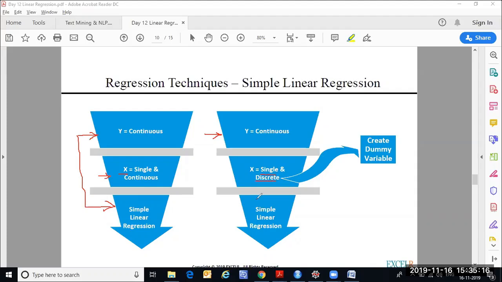What is discrete, friends? 0 or 1, otherwise categorical. Discrete is nothing but categorical, right? Classes, 2 class, 3 class, right? Even then, we can go for simple linear regression. So irrespective of the type of your input variable, whether continuous or discrete, you go for simple linear regression when the y variable which you are predicting is continuous.